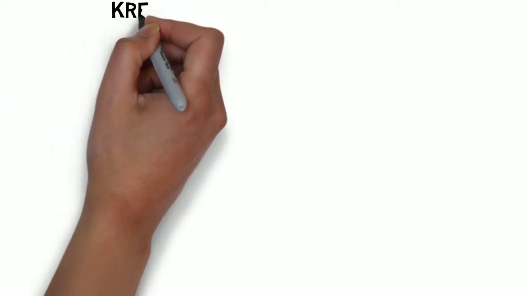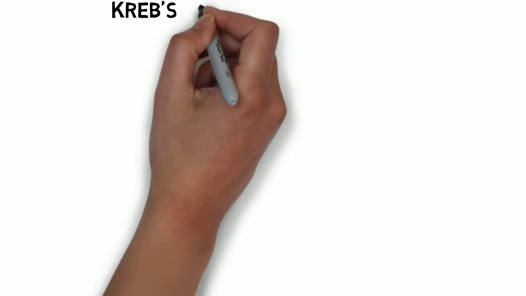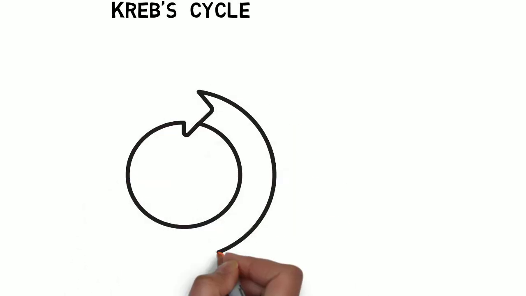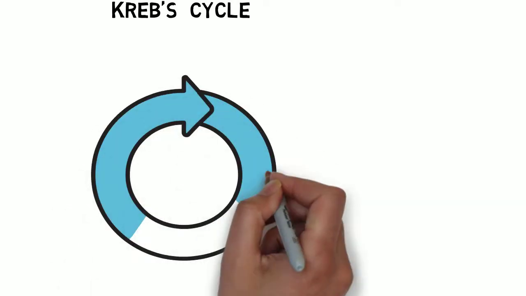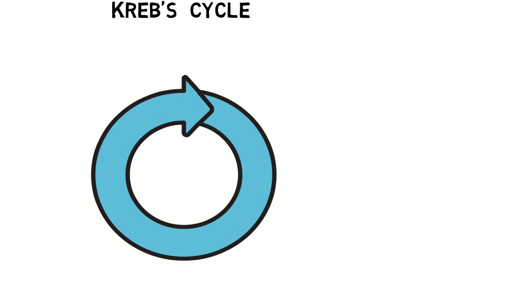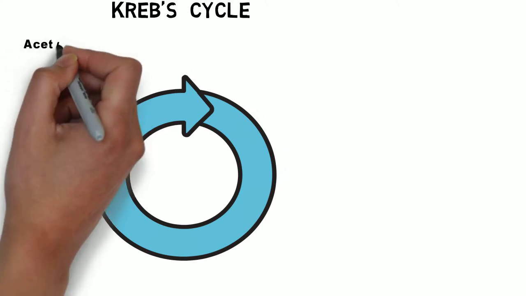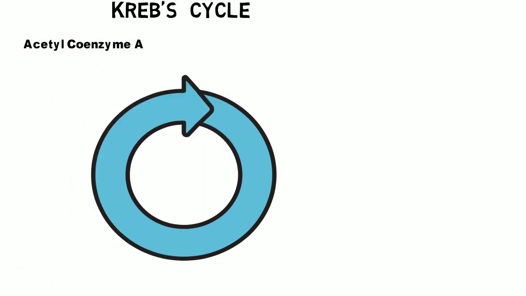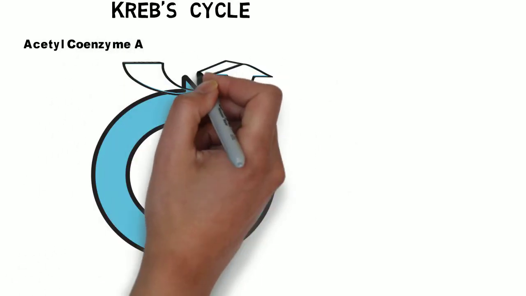The next stage was the Krebs cycle, where the acetyl coenzyme A enters the cycle, and the carbon compounds change from 4 carbon to 6 carbon to 5 carbon, and it goes in a cycle like that. So it begins with the acetyl coenzyme A coming from the link reaction.